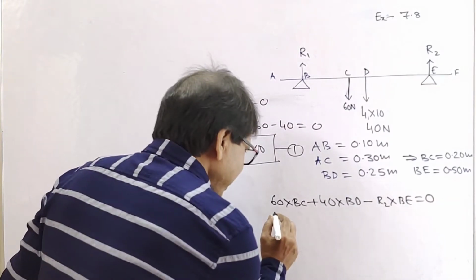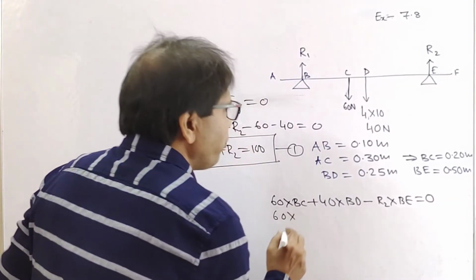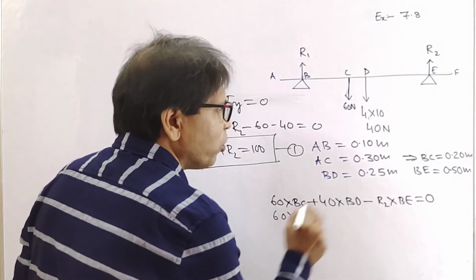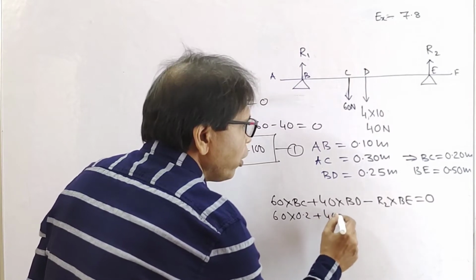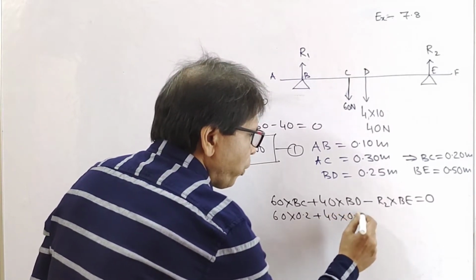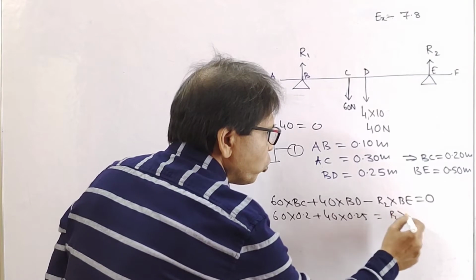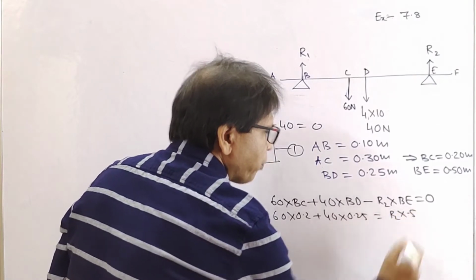So 60 into BC, that is 0.2, plus 40 into BD, that is 0.25, equals R2 into BE, that is 0.5.